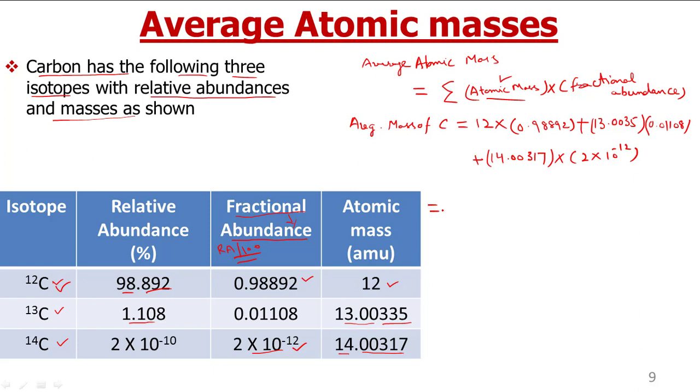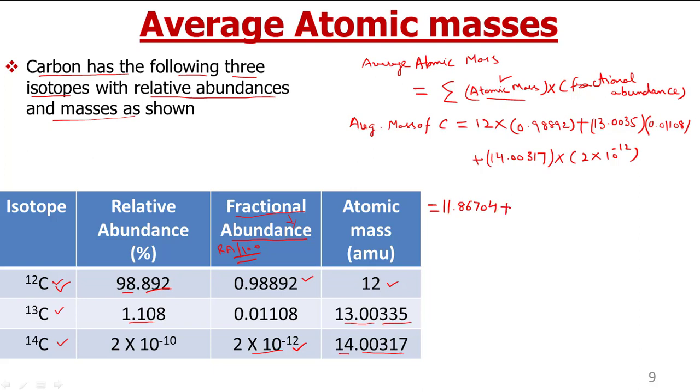First let us calculate the first value. It is 12 into 0.98892, and it comes out to be 11.86704.